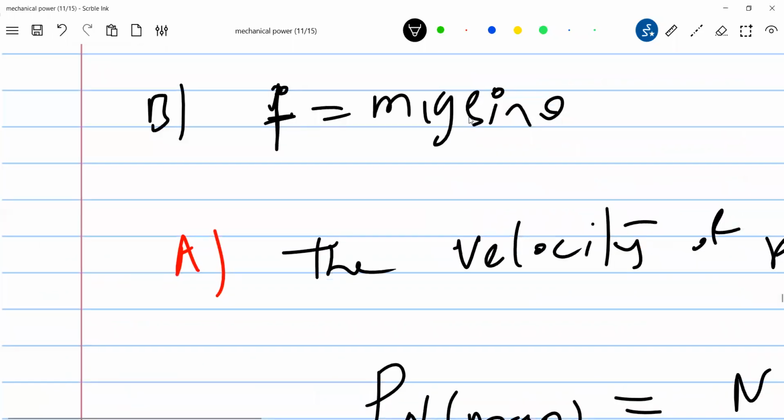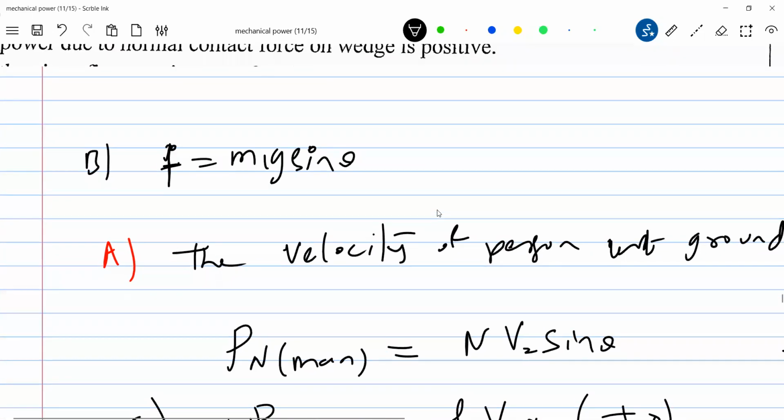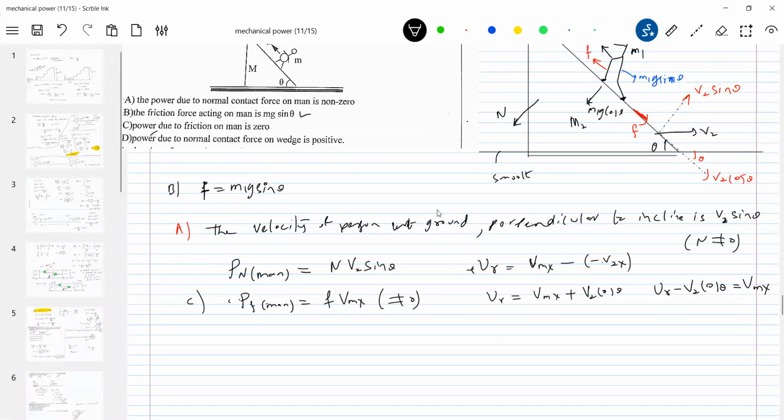And power due to normal contact force on the wedge. The displacement of the wedge is towards the right and the normal contact is acting towards the left. I think it's non-zero, no? And it should be negative, not positive. It should be equal to N into V2 cos of 90 plus theta.